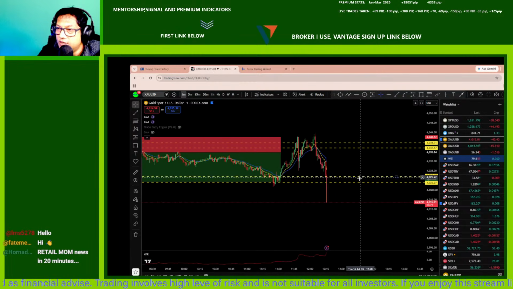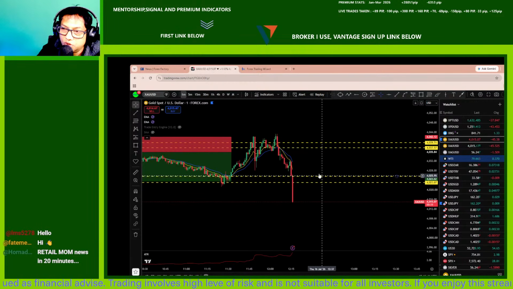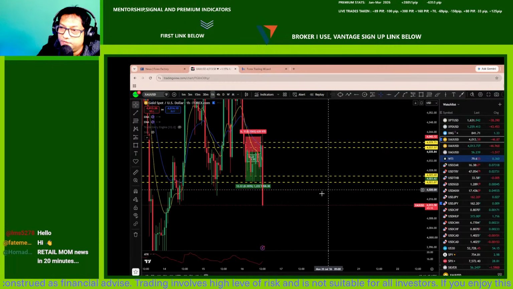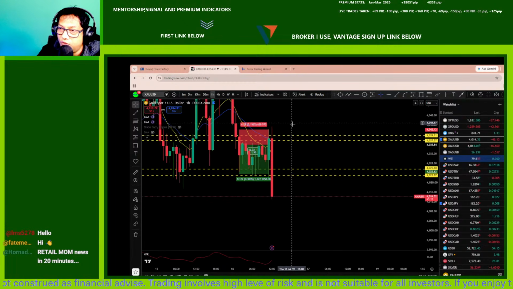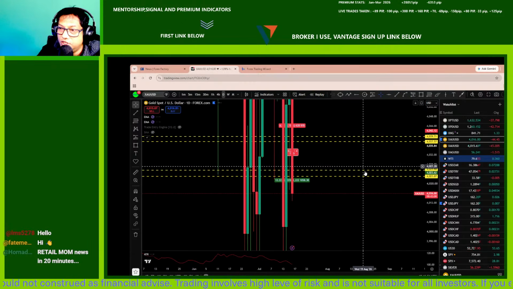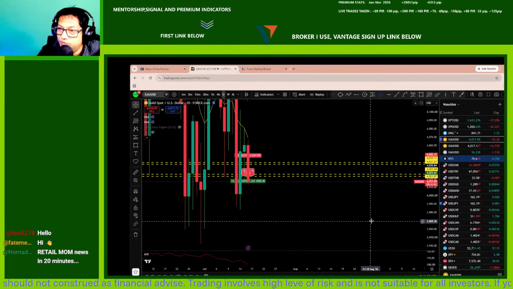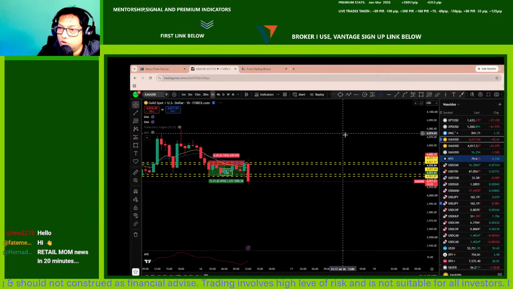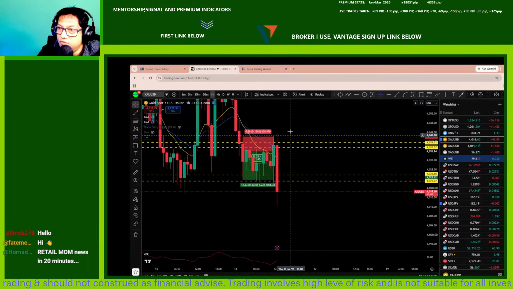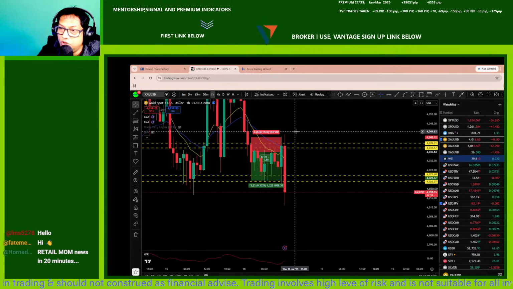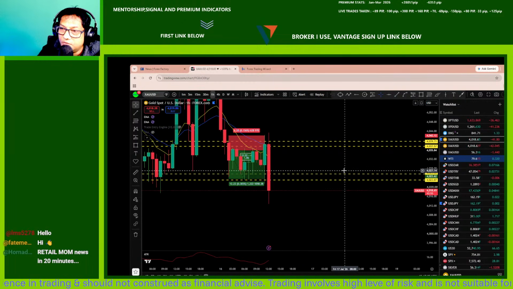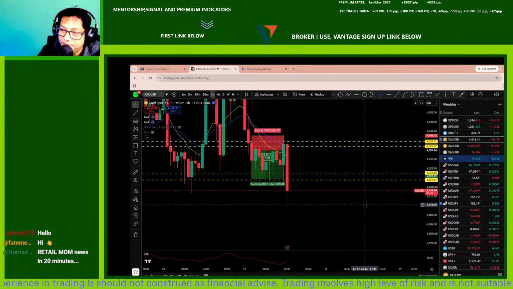Here the market has shown a complete rejection of this price action. This is the 1 hour price, a complete break of support, and also on the daily chart you can see the break of support. After that massive liquidity sweep on the 1 hour, the market has entirely dropped back below.